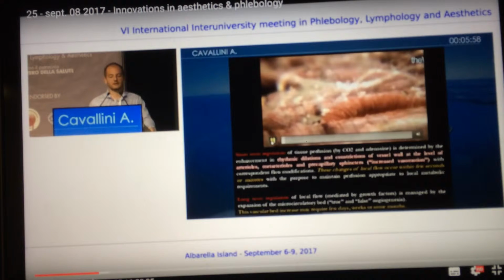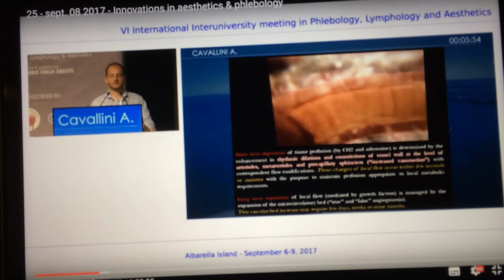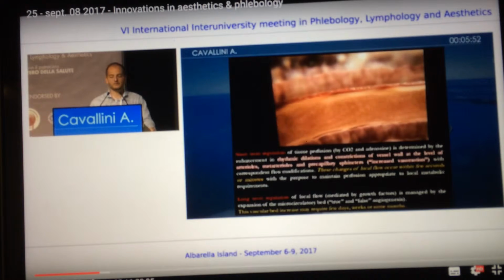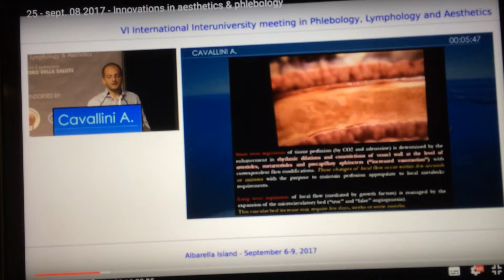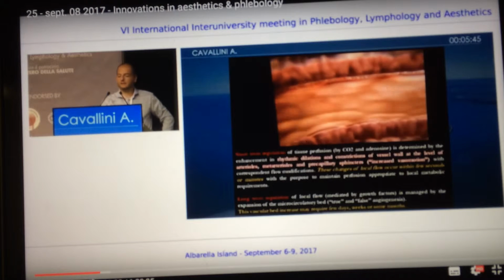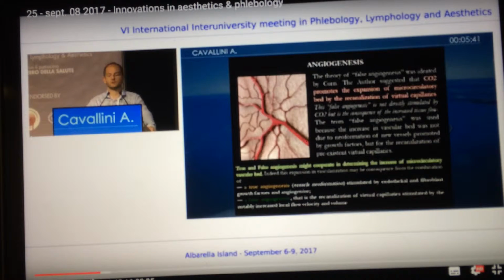Here we've got an example of how vasomotion is carried out. It's a motion of the arterioles and meta-arterioles, and in carboxytherapy it is actually fostered. With carboxytherapy, you also have a long-term action, as a matter of fact, thanks to neoangiogenesis.